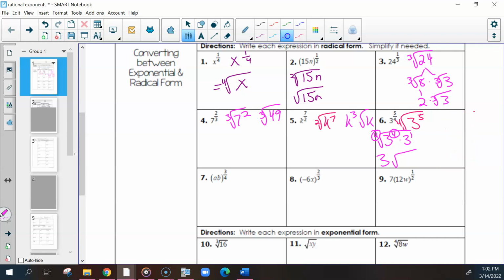We're going to just disregard that part. So I have to know my perfect fourth roots, which I don't, but I can do 3 to the 4th, which is 81. And 243 divided by 81 is 3.